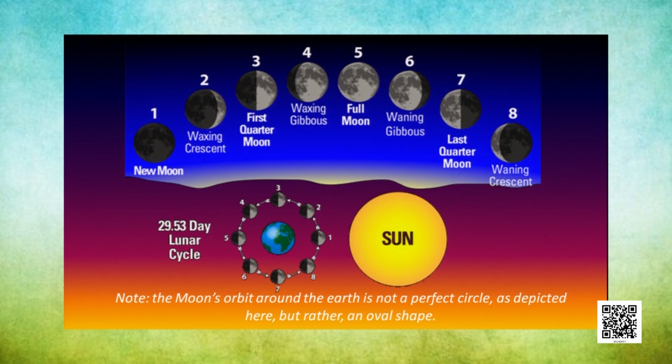Here a circular orbit is shown. But actually, the moon's orbit around the earth is not a perfect circle. It's oval shaped, like the shape of an egg. We call it elliptical shape. Okay, children?